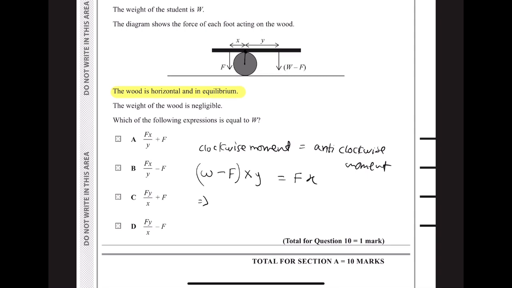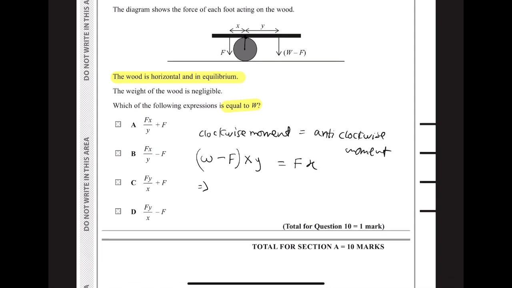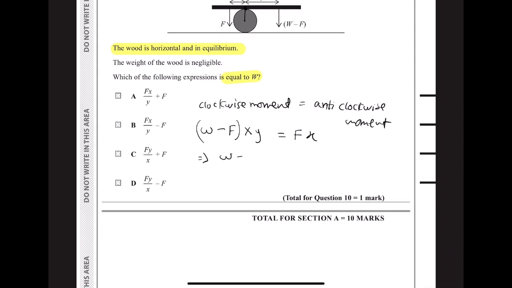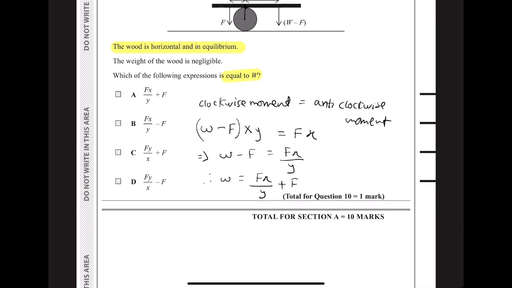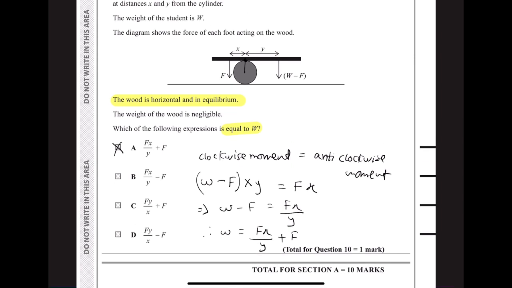We have to simply find the weight, W. So W minus F equals Fx over y. Therefore, W equals Fx over y plus F. So the answer is A. We simply wrote clockwise moment equals anti-clockwise moment, used these values, and rearranged for W.